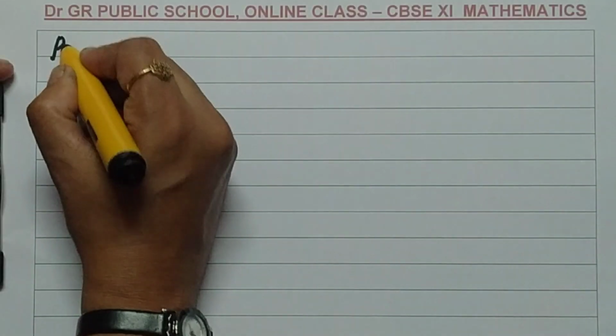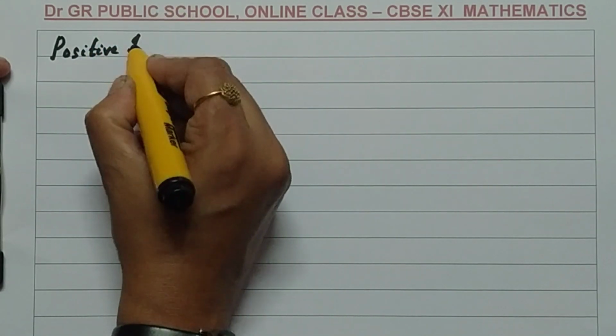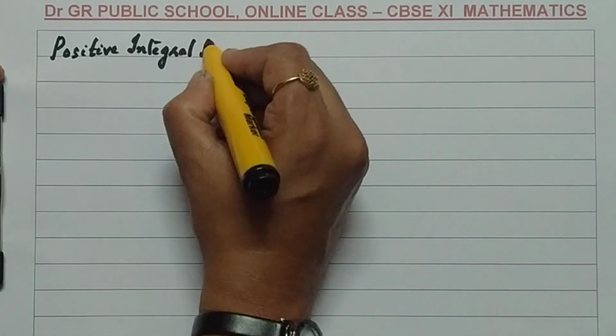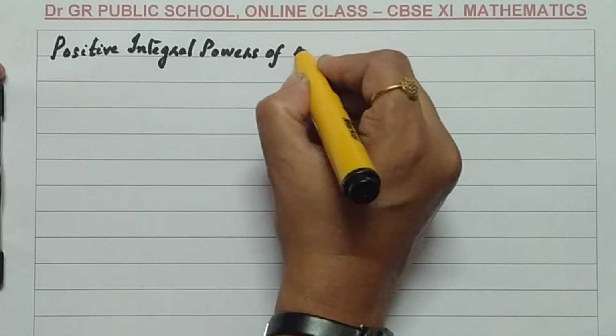Now let us see the positive integral powers of i. Integral means integer, so integer powers of the iota i.